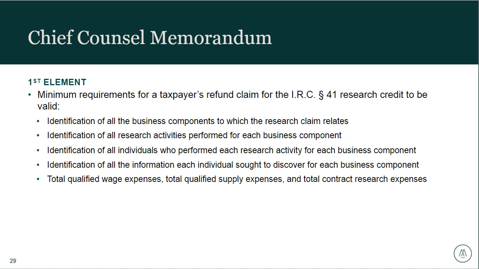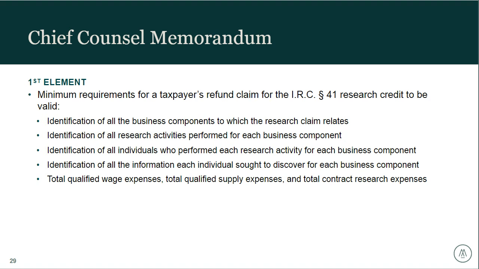So in other words, your projects. But business component can mean a product, a process, computer software, a technique, a formula, or an invention that your company holds for sale or lease or license, or something that you use in your trade or business. So you want to be very specific and make sure that you're calling out those specific business components.